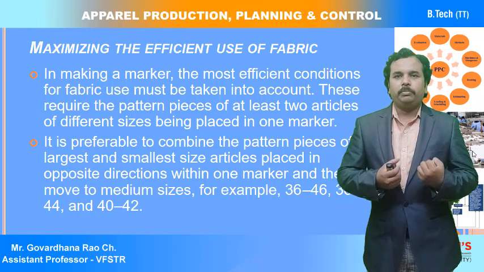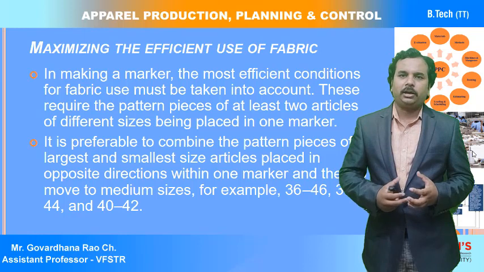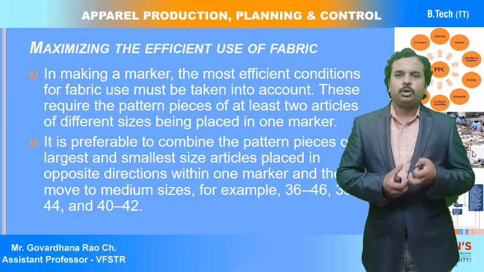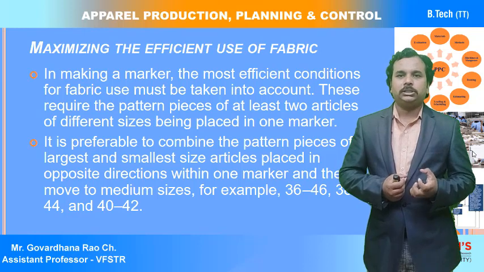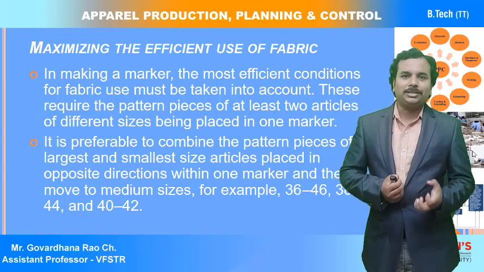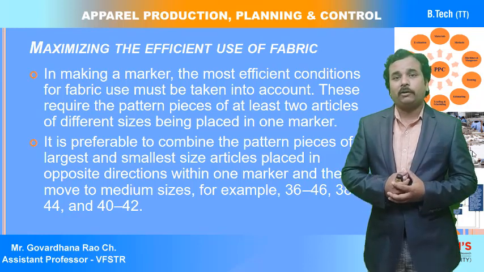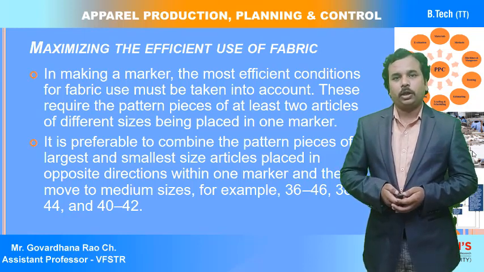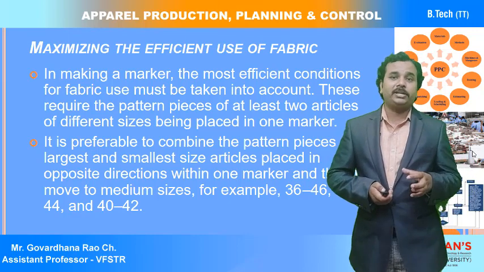If you club the largest and smallest size together, by the combination of the smallest and largest size articles you will get the maximum marker efficiency. That is why we need to club two articles of different sizes.